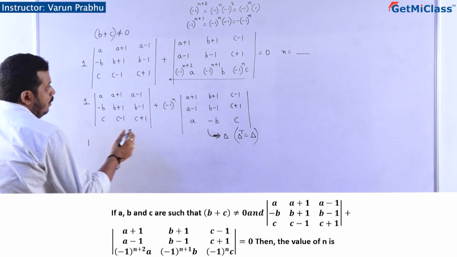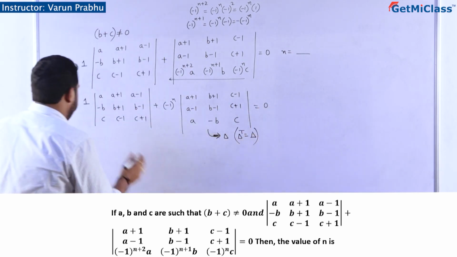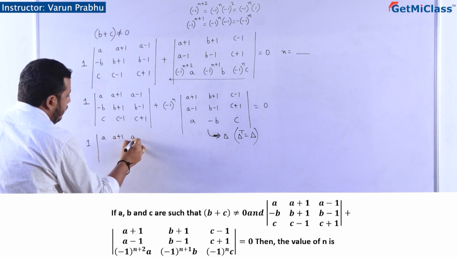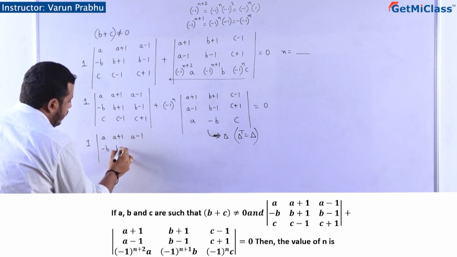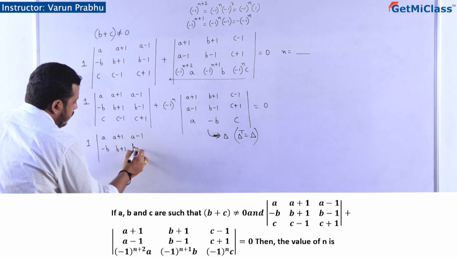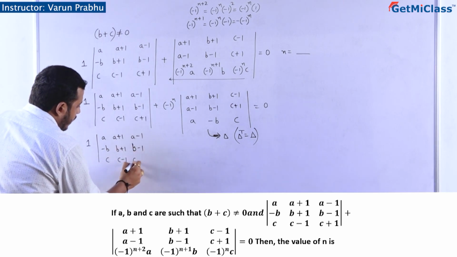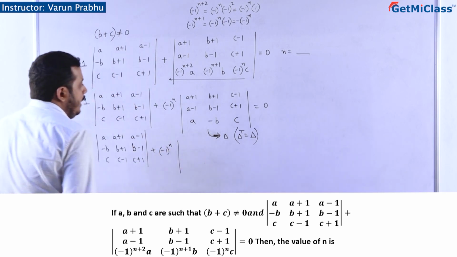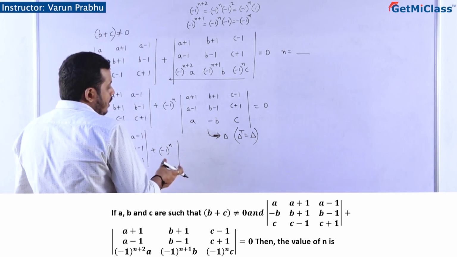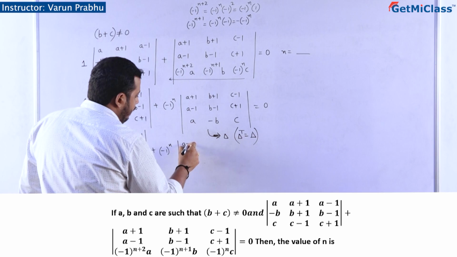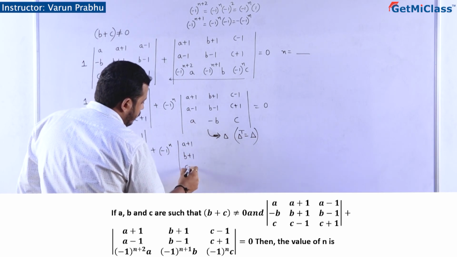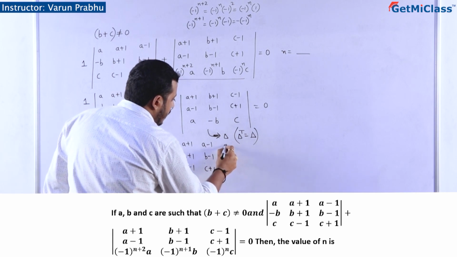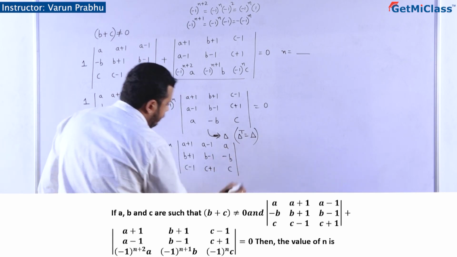So I can write 1 into, and this value is equal to 0, 1 into a plus 1, a minus 1, minus b plus 1, b minus 1, c minus 1 and c plus 1, plus minus 1 to the power of n into, tell me, you take the transpose of this, a plus 1, b plus 1, c minus 1, a minus 1, b minus 1, c plus 1, a minus b and c.